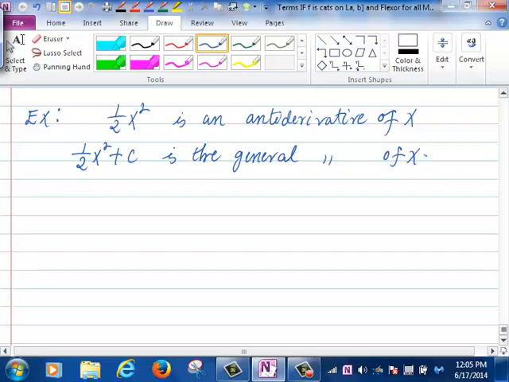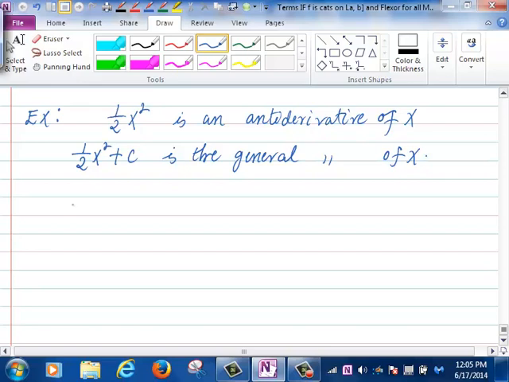Okay, so when I say general, that's the general form of all the antiderivatives, right? Every antiderivative of x is half of x squared plus a constant. So I'm going to call half of x squared plus C the general antiderivative of x, because it represents all the antiderivatives.